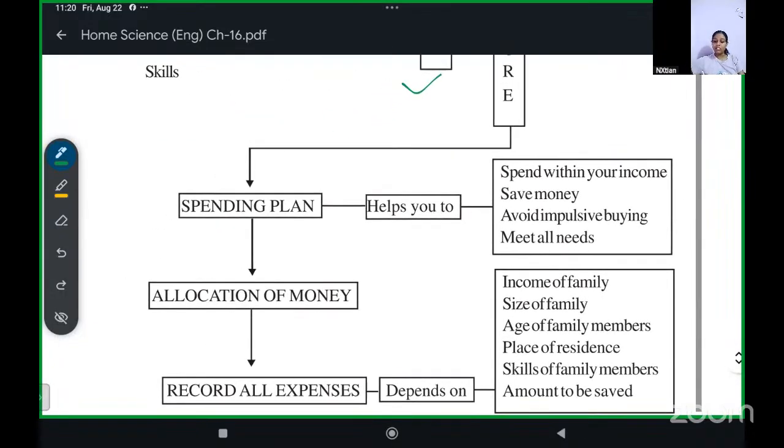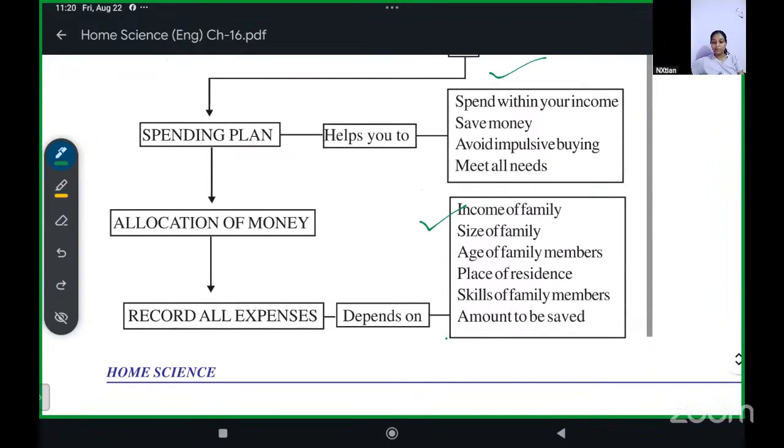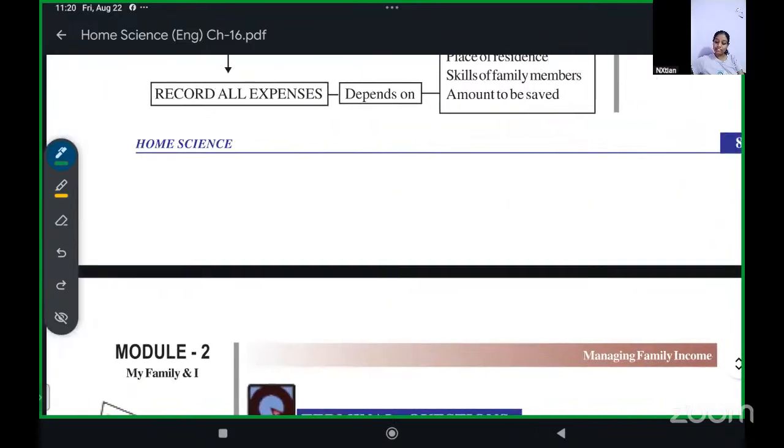We saw the spending plan, allocation of money, and recording all expenses. We saw the importance of a spending plan and the factors on which the budget preparation depends, and why it is important to record all the expenses.